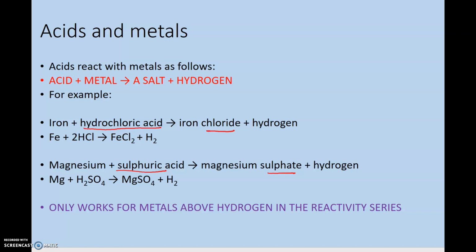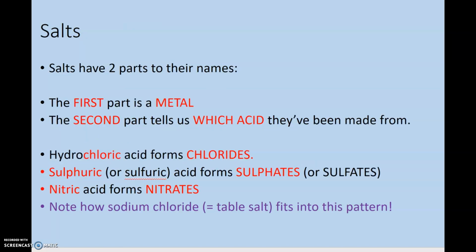Let's have a look at some other naming. So how do we name salts? The first part in naming a salt is based on the type of metal, and the second depends on what acid you are using. So if I use hydrochloric acid, I make a chloride salt, sulfuric acid, a sulfate salt, and you will notice that I put in the spellings that have been changed for sulfate, and finally nitric acid will give you a nitrate salt.